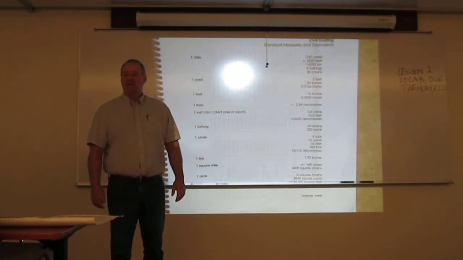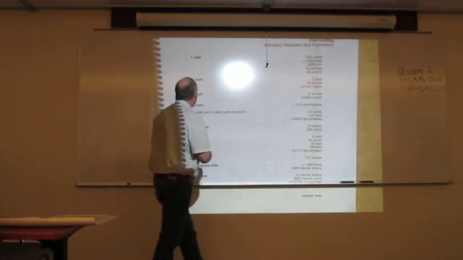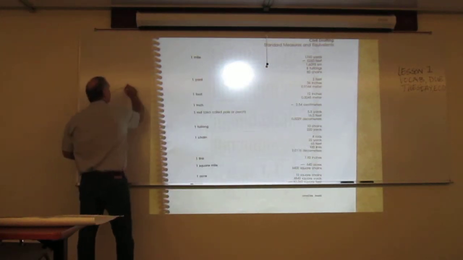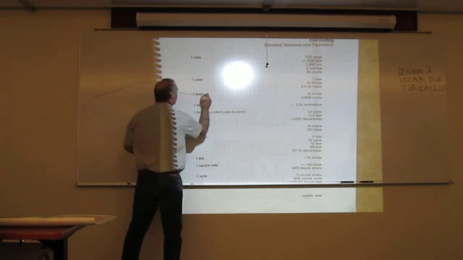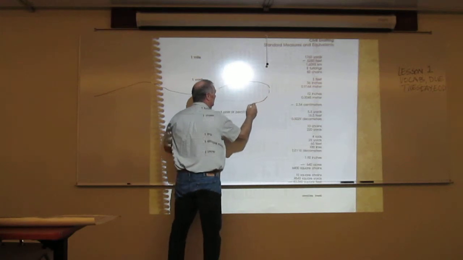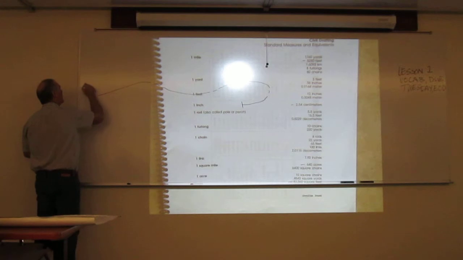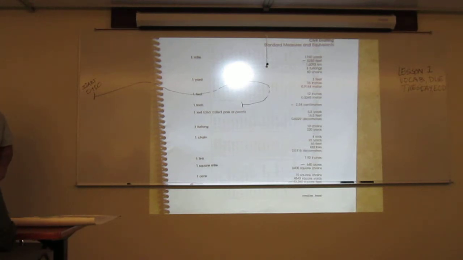Now, remember I introduced stationing the other day, where if we start a project, and let's say I'm drawing the center line of a road here that we are going to work on. We would start the project right here, and we would use a station of 0 plus 00. Then we would divide this project along the center line into 100-foot increments.